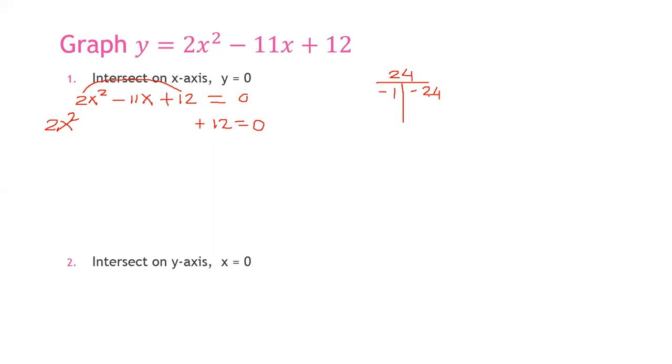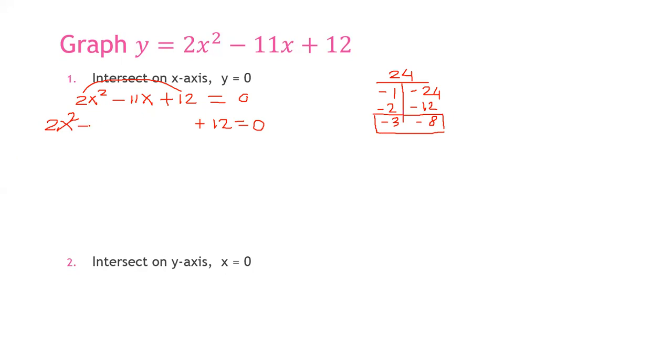We need to use negative numbers because they add to negative 11. All right, and next negative 2 and negative 12, and next negative 3 and negative 8. You already found them: those numbers are negative 3 and negative 8.